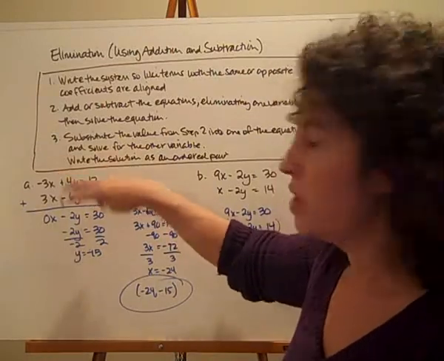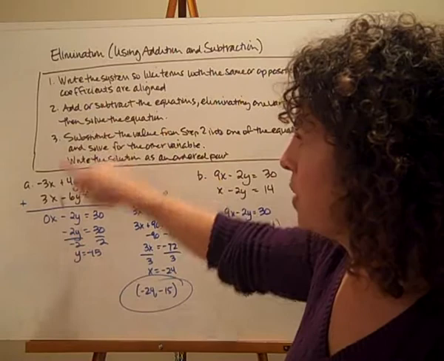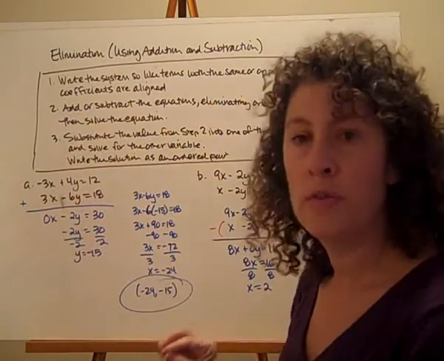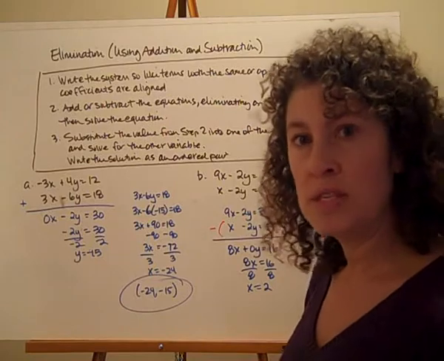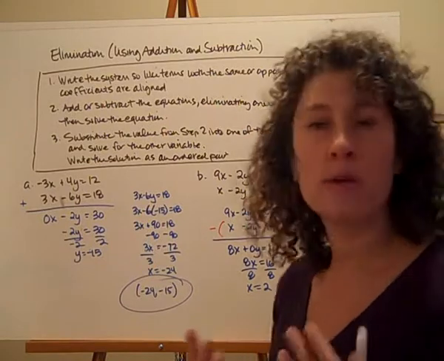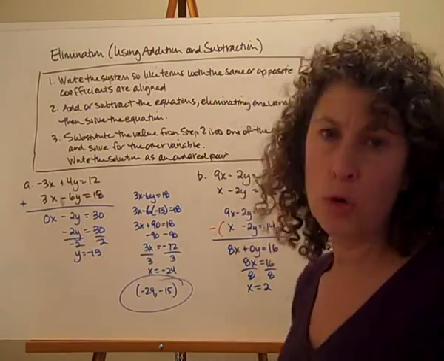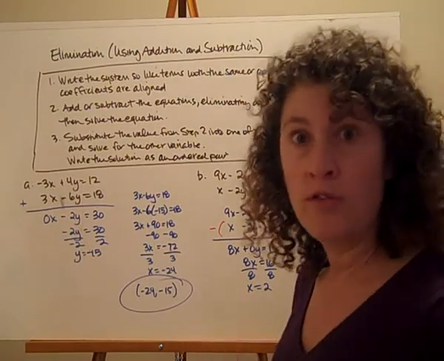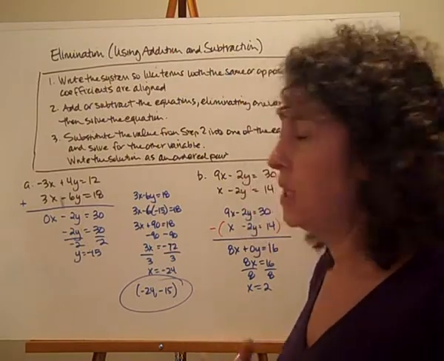So after this first part, it's pretty much like our substitution. So I'm going to look at these two equations. I have negative 3x plus 4y equals 12 and 3x minus 6y equals 18. Now what I want you to notice about these two equations is that they're in the same form. They don't need to necessarily be in slope-intercept, standard, or point-slope form, but things need to be aligned.